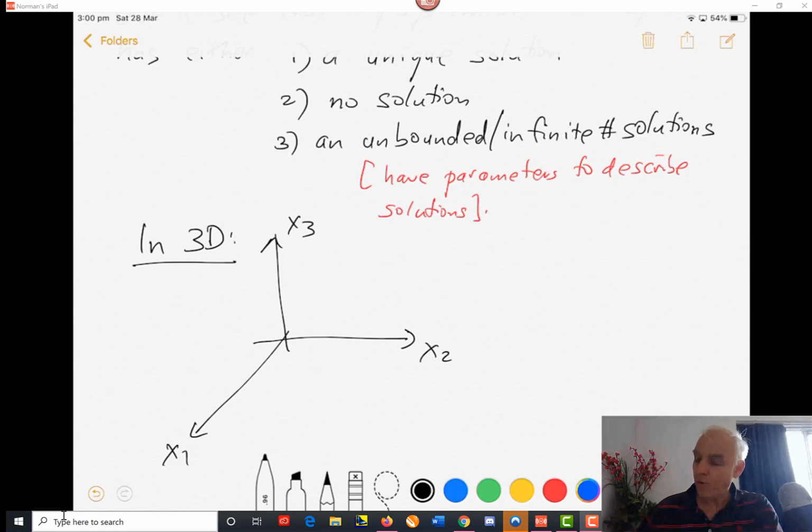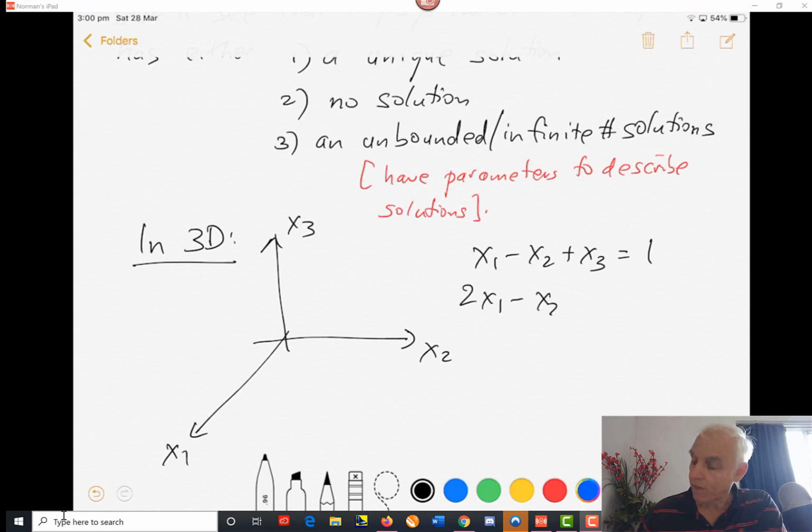So for example, suppose that we have the equations, now in terms of x1, x2, and x3: x1 minus x2 plus x3 equals, say, 1. And maybe 2x1 minus x2 equals 3.